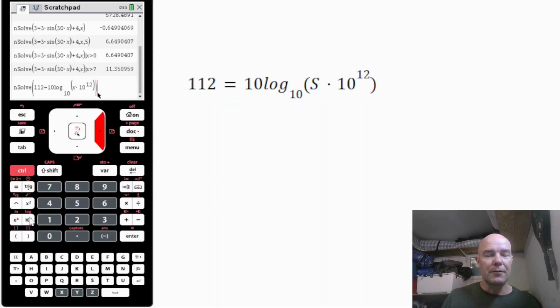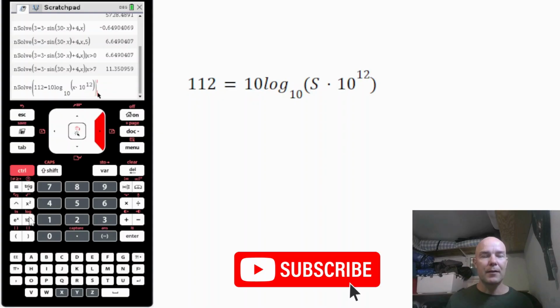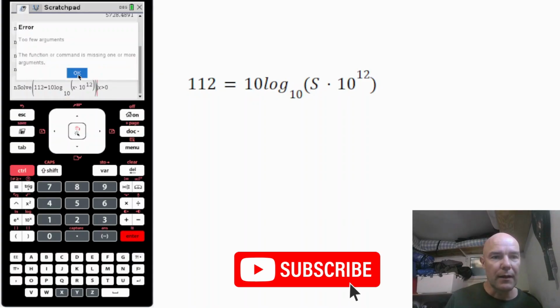Trying to solve it this way, my computer version will do it, but your IB exam mode doesn't. So we would have to add again this vertical line, and then x needs to be greater than 0, and we could solve this equation.